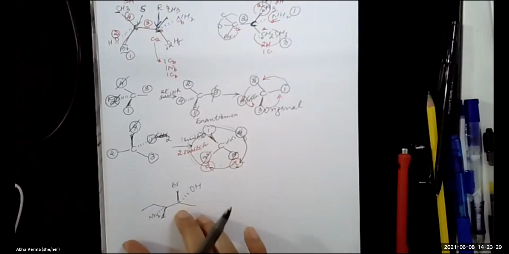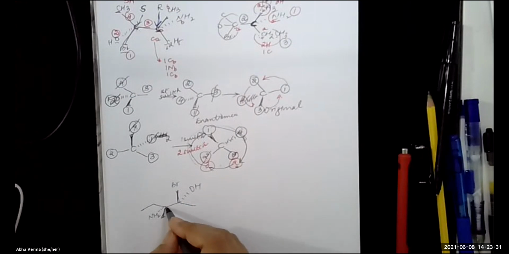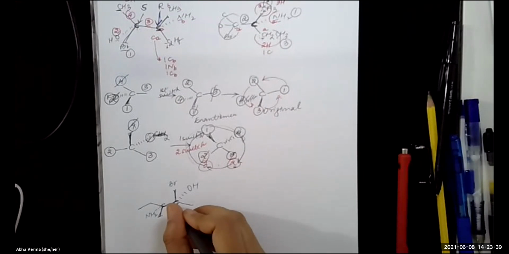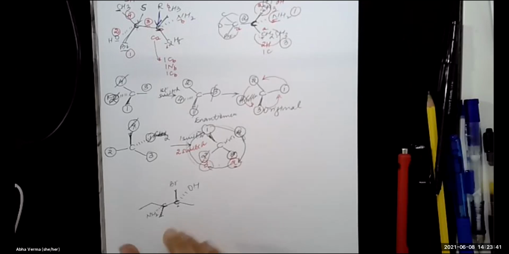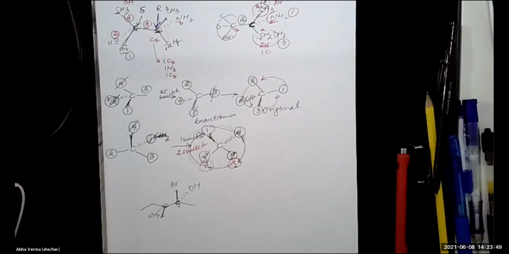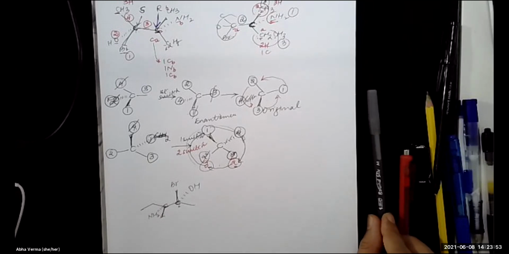Now I will tackle this one at a time. There are 2 carbons. I can start from either of them. Let me start from the carbon 2 because I started here also at carbon 2. So remember, we are doing R/S assignment only after we have confirmed same connectivity. If they are different connectivity but same molecular formula, we know they are constitutional isomers.